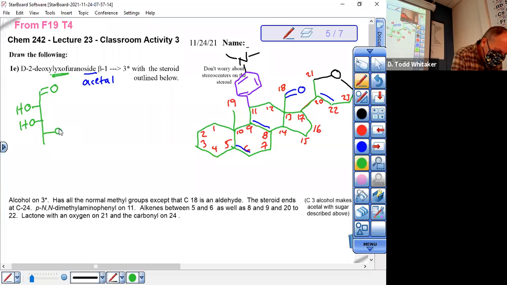Lyxose goes left, left, right. And it says 2-deoxy, so you know what we're going to do. Scribble that out. That's a CH2. Put a dot there. That's what 2-deoxy means. Just get rid of the OH. The 2-deoxy.